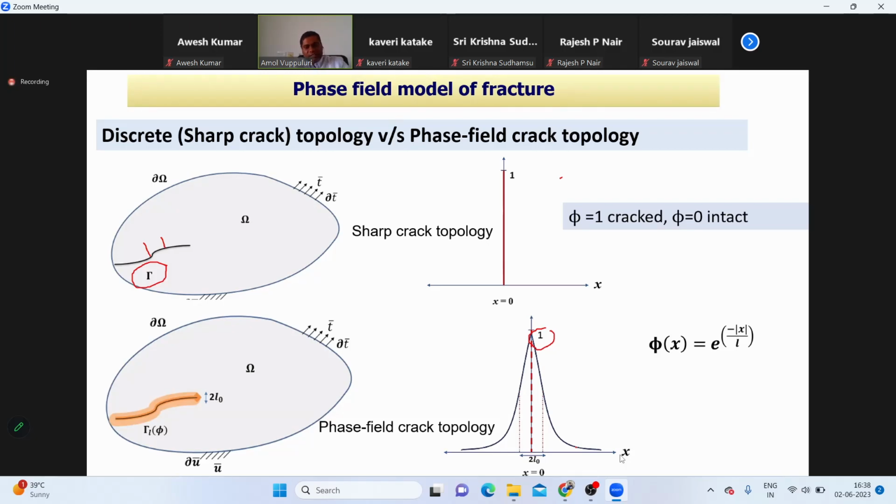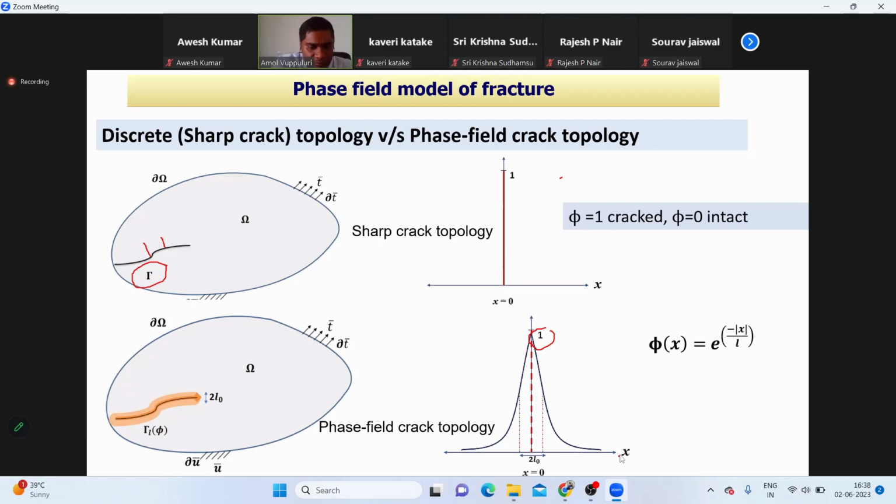How much this length has to be? This is a big question in phase field model. We answer it by saying that it should be as less as possible. So there is a diffusion of a damage over a certain region surrounding the crack. By giving such kind of a damage, it is very easy to model the crack propagation without explicitly tracking the crack interface.